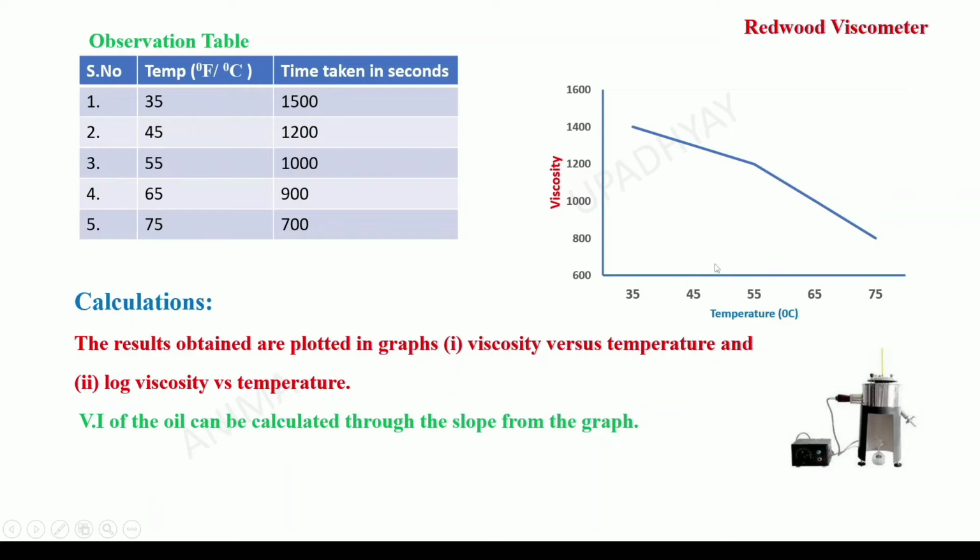So this oil under test can be used up to a temperature of 55 degrees, where there is very little change in the viscosity, which can be calculated using the slope. By dropping a perpendicular and joining it with this line, we can calculate the slope.